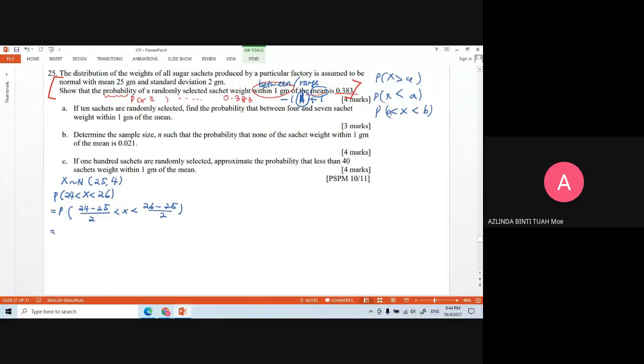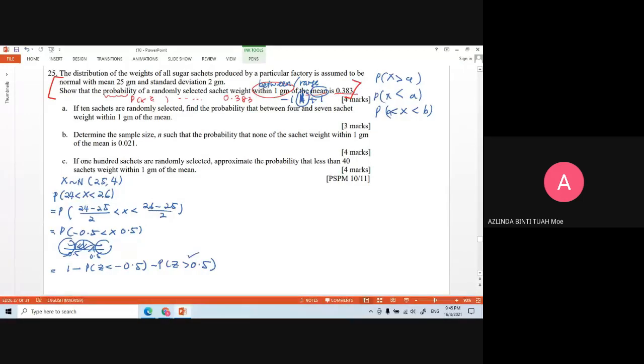Okay, anyone? Berapa? Negative 0.5 dengan 0.5. Okay, lepas tu L shape, reflect or 1 minus. So 1 minus this part P(Z less than negative 0.5) minus this part P(Z greater than 0.5).